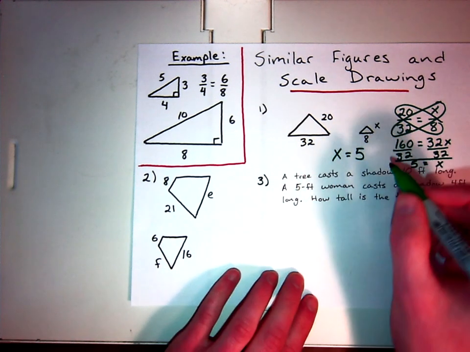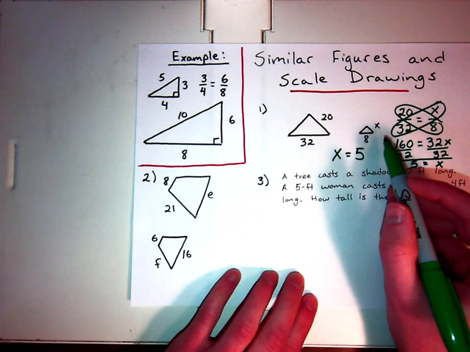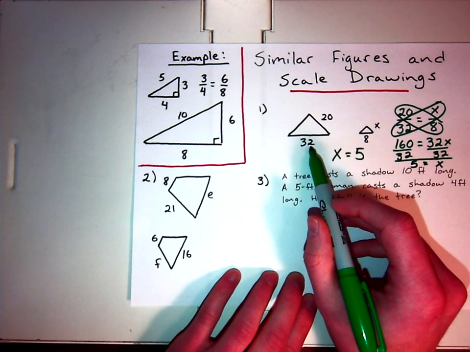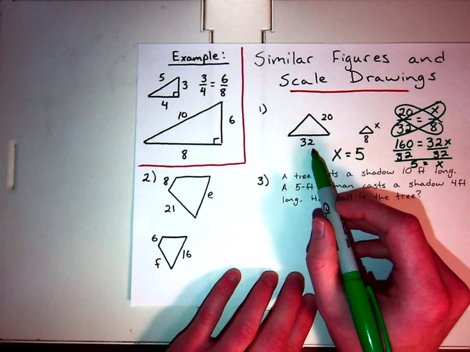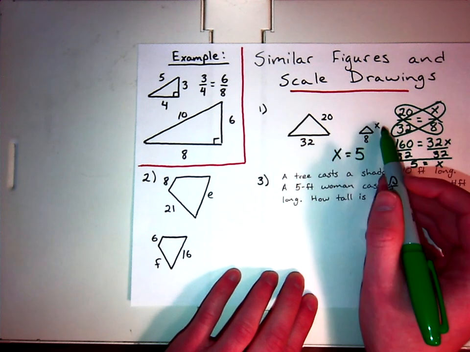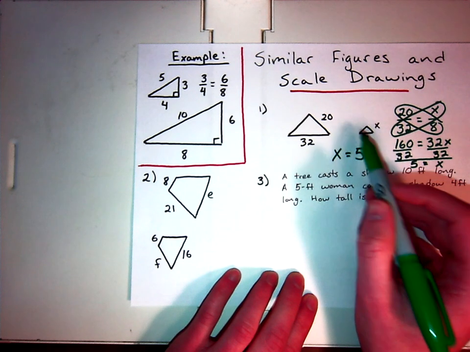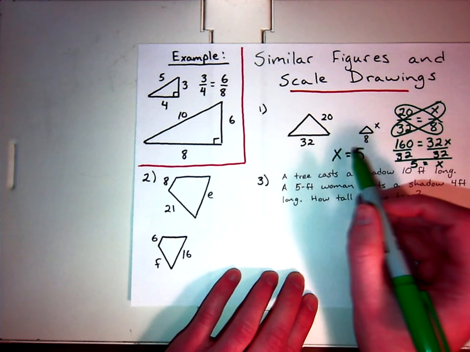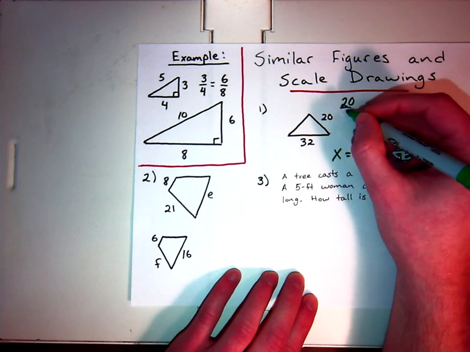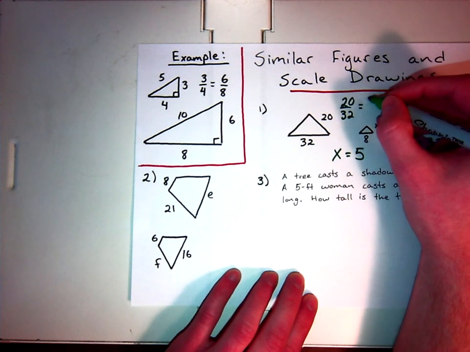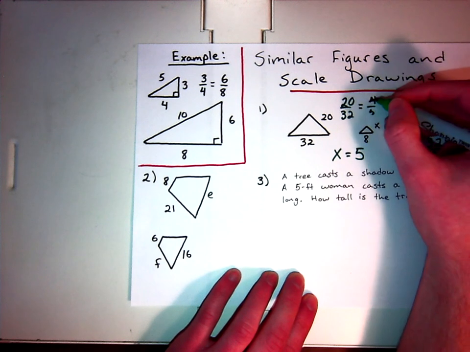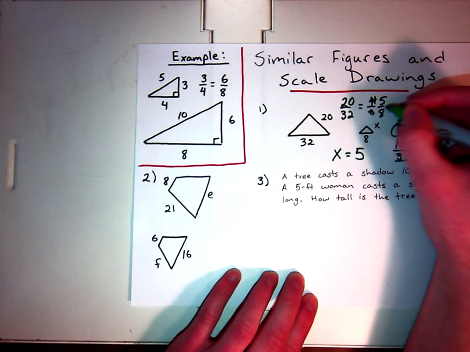And you could even look and say, does this make sense? Well, if I wanted to get 8 to 32, I would have to multiply it by 4, right? 8 times 4 is 32. True. Well, 5 times 4 is 20. So we could check, right, because we could write the proportion out, 20 over 32, does that really equal 5/8, right?